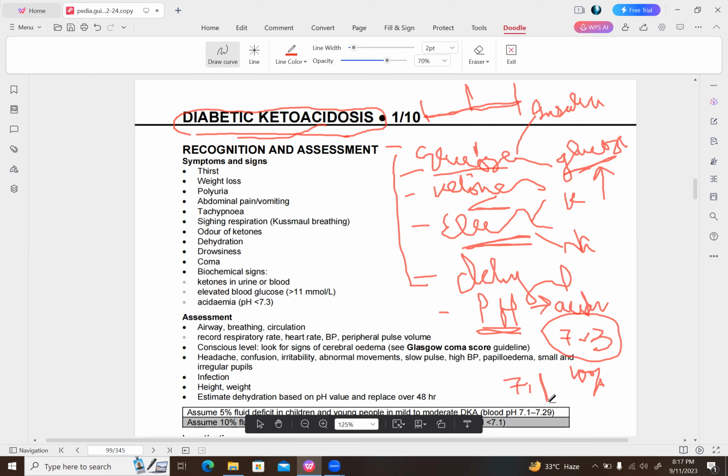And if it is more than 7.1, then it is 5% dehydrated, and we correct this dehydration according to this 5% and 10%. We have to calculate the deficit, and we have to calculate the maintenance fluid. So basically this is the scheme.